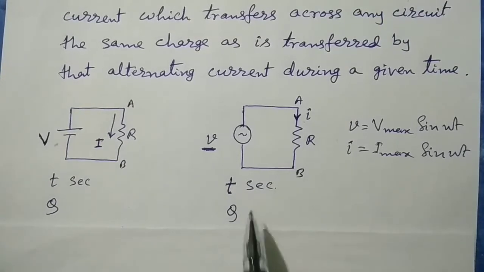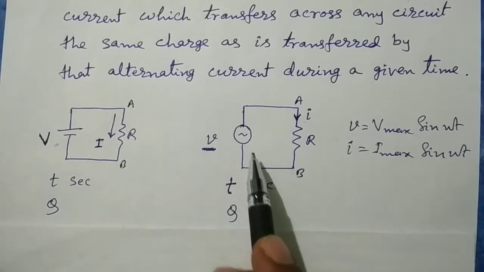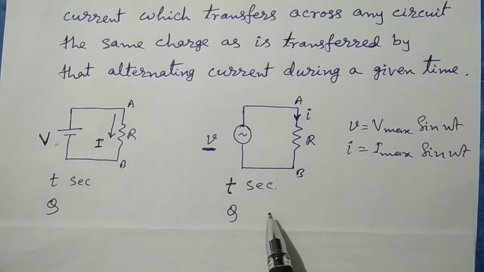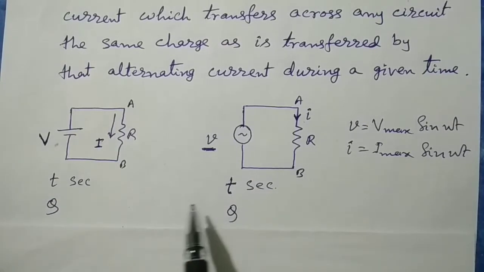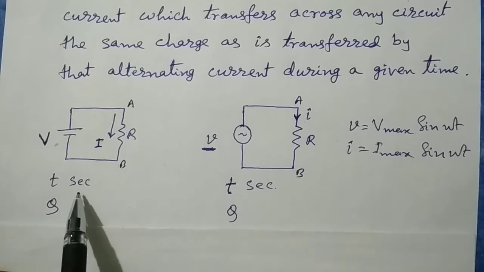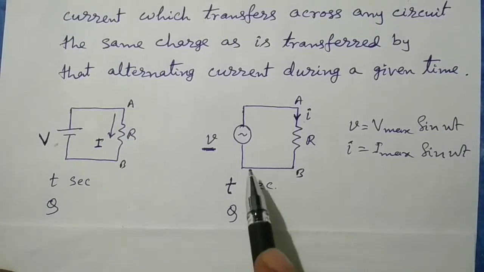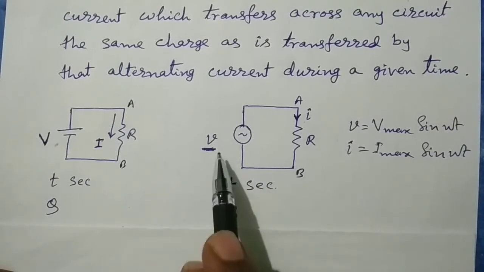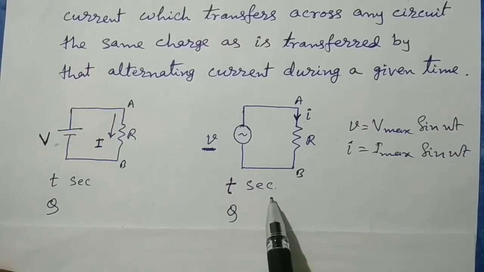Now we consider the circuit for t seconds, the same time that we considered for the DC voltage source. Again, for the AC source, we apply the source for t seconds.